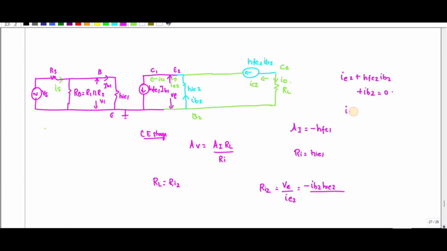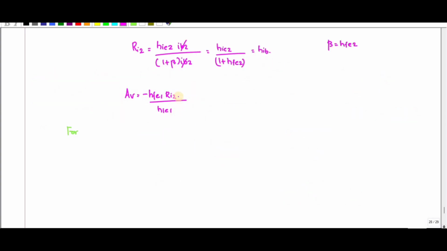So I can write IE2 is equal to minus IB2, I can take it as common, 1 plus HFE2. So you substitute here minus IB2 into 1 plus HFE2. So IB2 cancels, minus gets cancelled out. So here you will get RI2 is equal to HIE2 divided by 1 plus beta. Here beta represents HFE2. So this is nothing but your HIB.